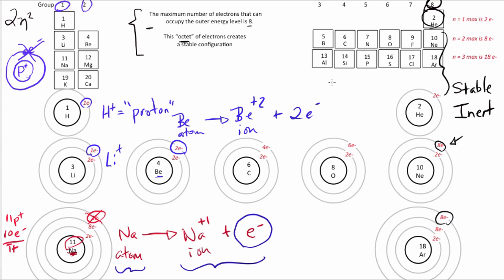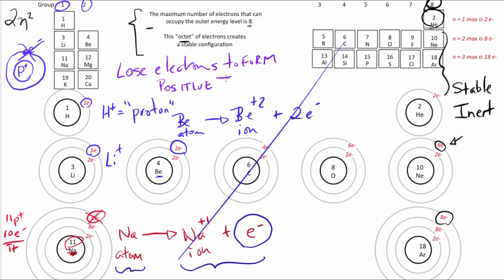What you could do is draw a line across the periodic table, and those elements that are to the left of that line, those are the metal elements, and those elements, when their atoms become ions, they will lose electrons to form positive ions.